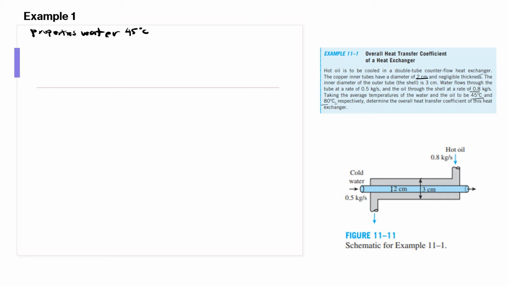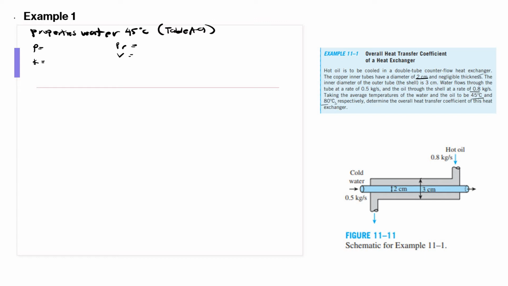In the properties table, you can refer to table A9 to get the properties, for example density, conductivity, Prandtl number, and also kinematic viscosity.